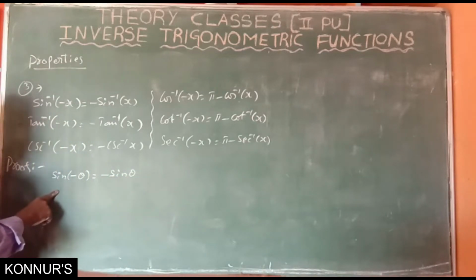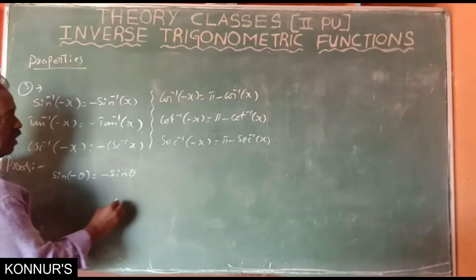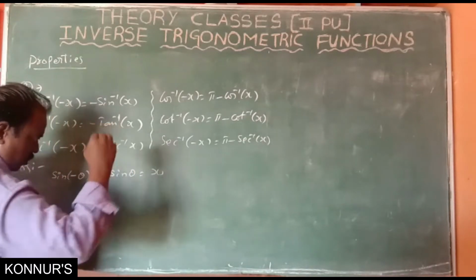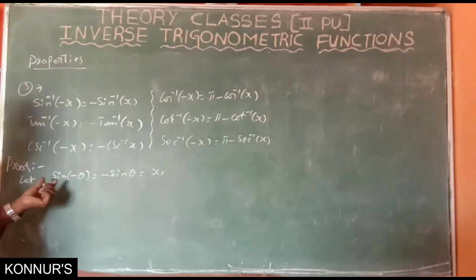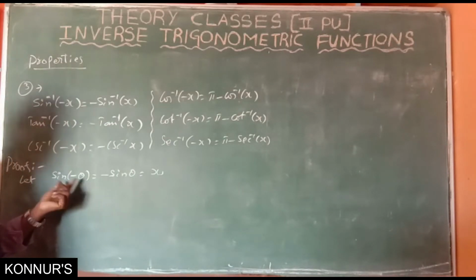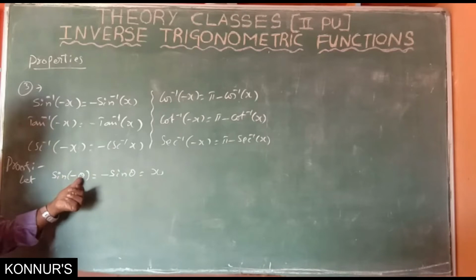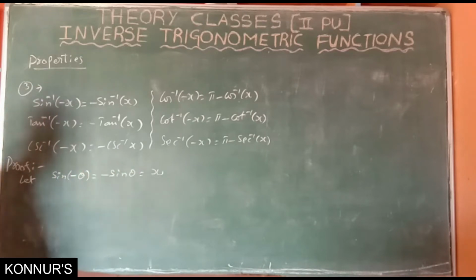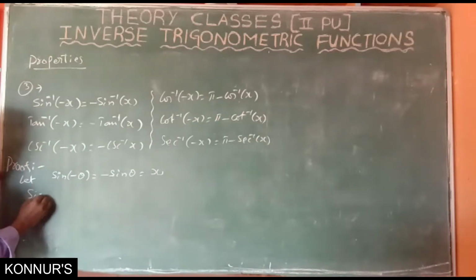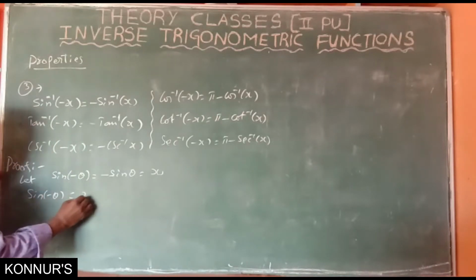The formula is there. Let it be some x. We assume: let sine of minus theta be x. That sine of minus theta, which is nothing but minus sine theta, is also x. Now we are assuming, so it is very clear: sine of minus theta is x.